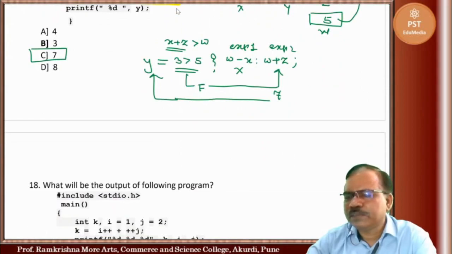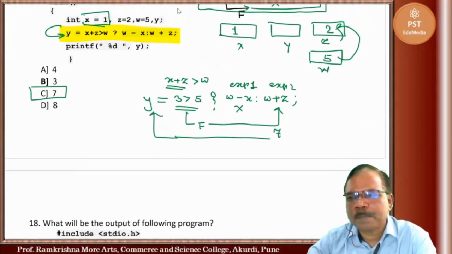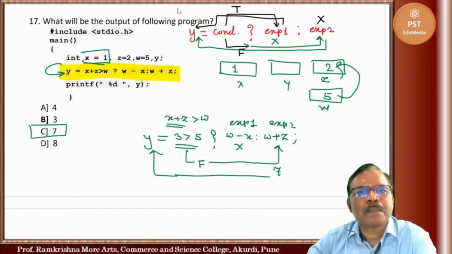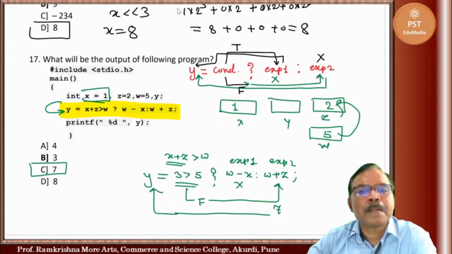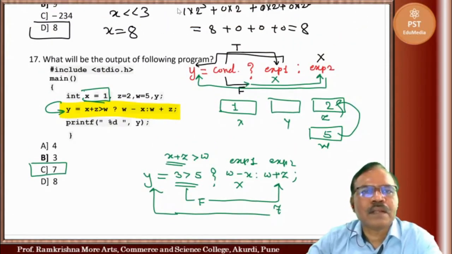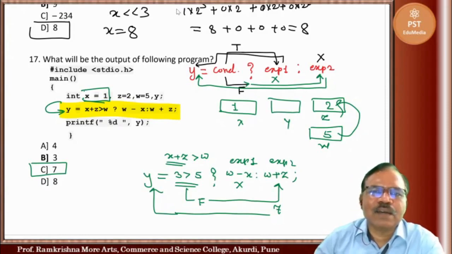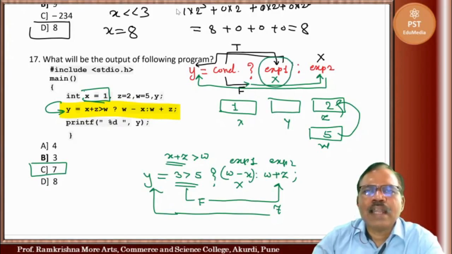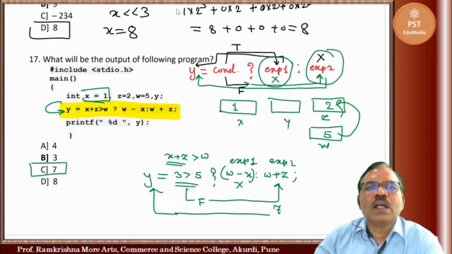Sir, why didn't we take W minus X? See here, W minus X is expression 1, and W plus Z is expression 2.